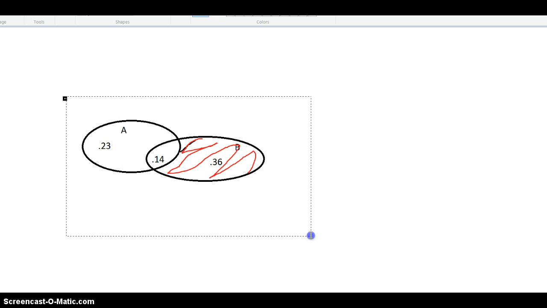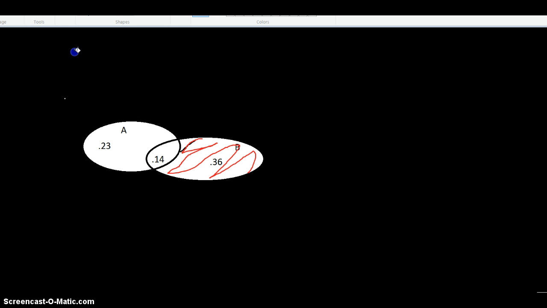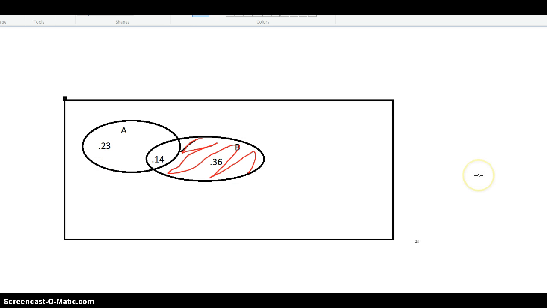We always draw a rectangle or square to represent it. So the rectangle represents the sample space, which means everything, all the possibilities.